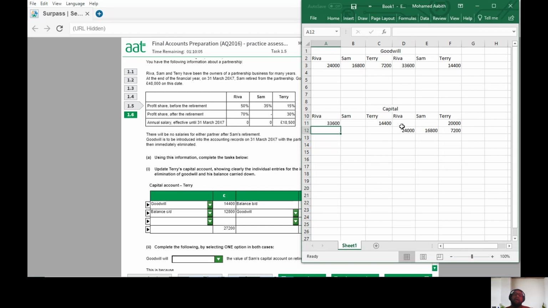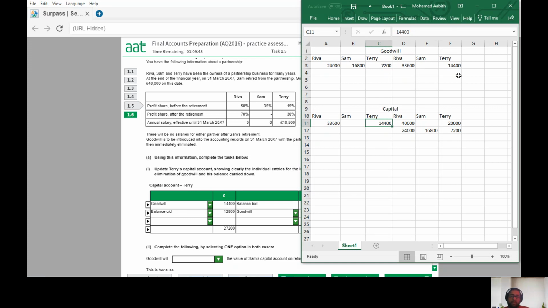33,600. In case Riva had an amount there, like say, £40,000, basically she will pay £9,600 from her capital to buy whatever amount is owed to Sam's goodwill share.